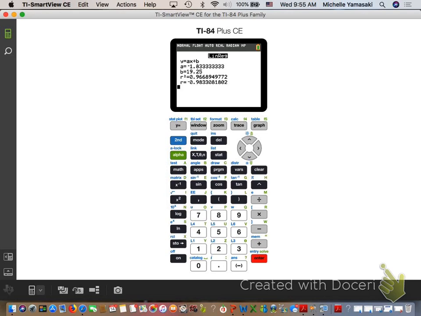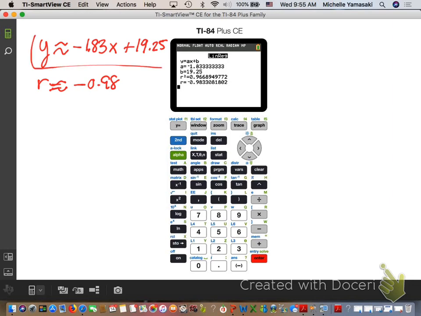Here's my equation: y is about equal to -1.83x plus 19.25. And my R is about equal to -0.98. Would you say that's strong or weak? That's strong.